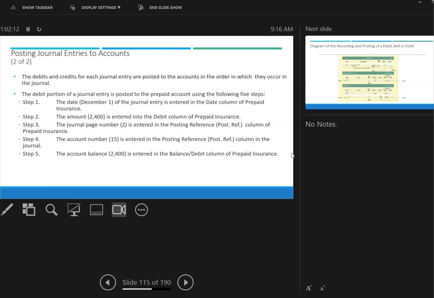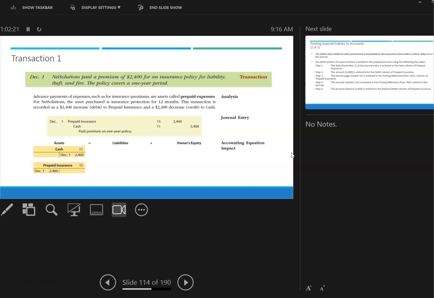We put that in the debit side. Then we showed the journal page number entered. So do you see the journal page number? Here, the cash is journal page 11. The prepaid insurance here is journal page 15. Do you see how we're earmarking them?